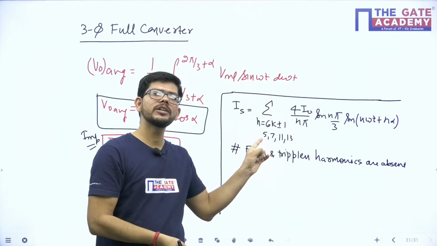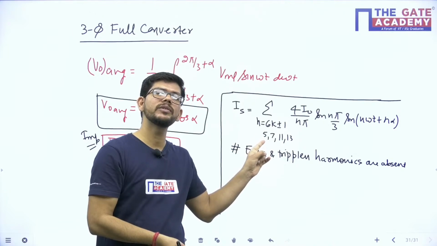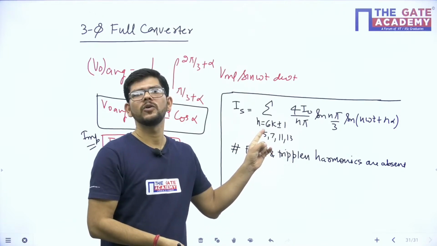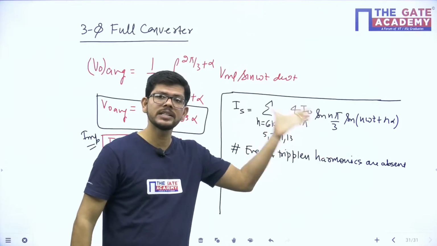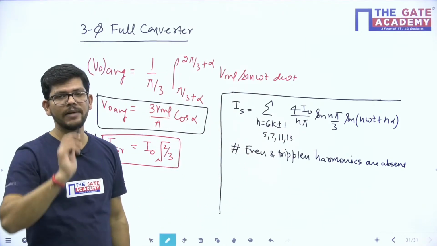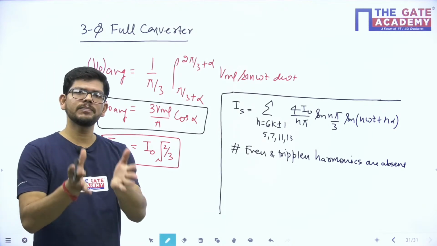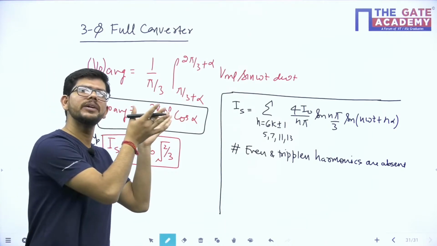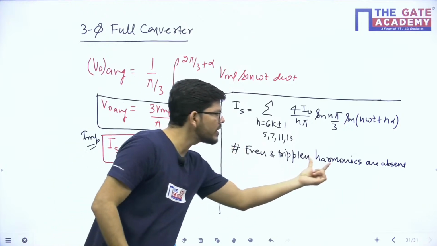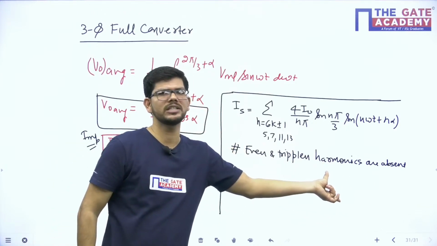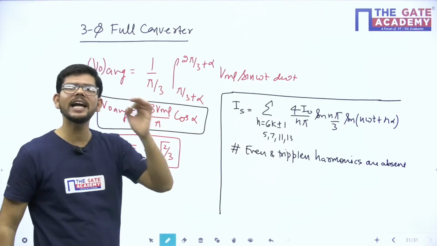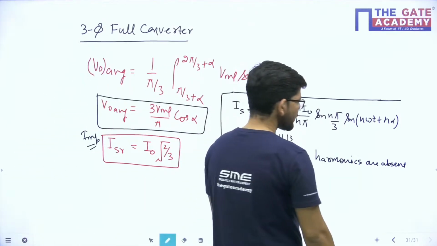So the next harmonic will have a frequency of 5 into 50, that is 250 Hz, not 150, because the third harmonic is absent in a three phase full converter. This is what you have to remember. After this session, you can see there are previous year questions in which this has been asked several times. This is going to help you a great deal, my dear student.